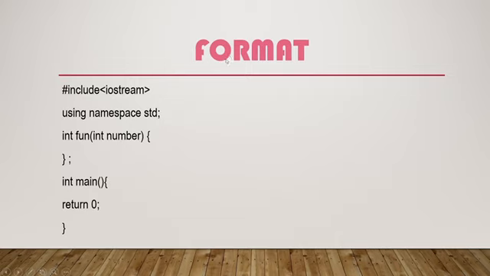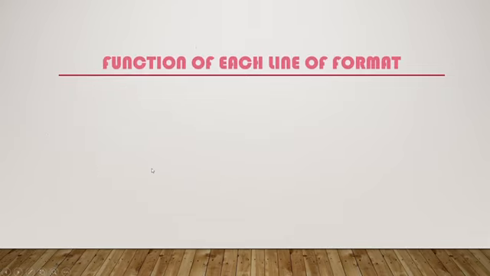So let's begin with the format. Before writing any CPP code, these are mandatory things to write, for the code to run efficiently: hashtag include iostream, using namespace std, int function, int main, return 0. Now I am going to explain the function of each line.